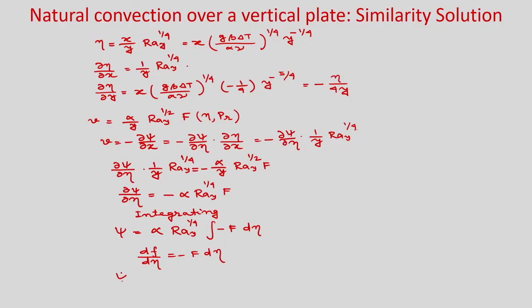If it is so, now you can write psi is equal to alpha Rayleigh number to the power 1 by 4. You can see from here that f will be just the integral of minus f d eta, and the integration constant is involved here. So, you can write f, which is a function of eta and Prandtl number. So, now we have found the stream function psi.